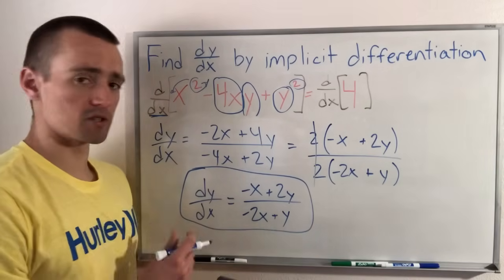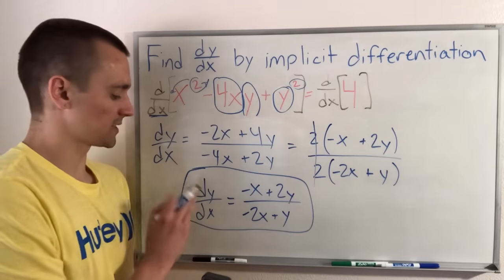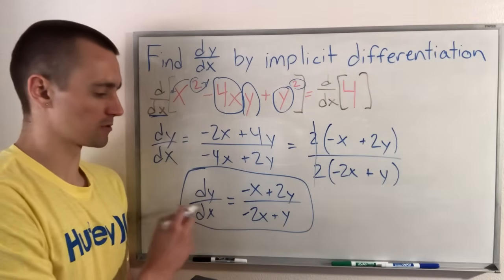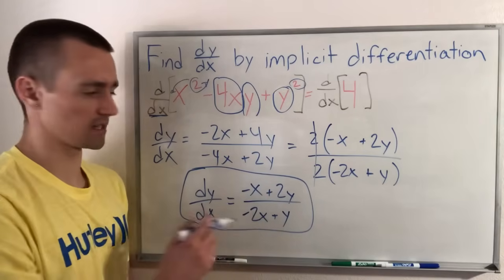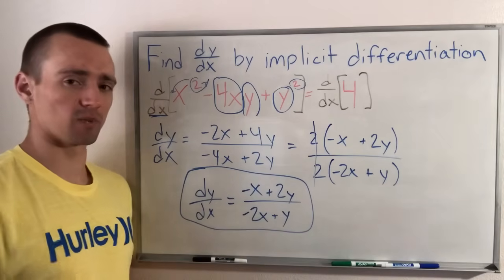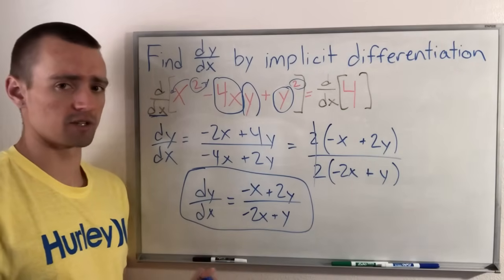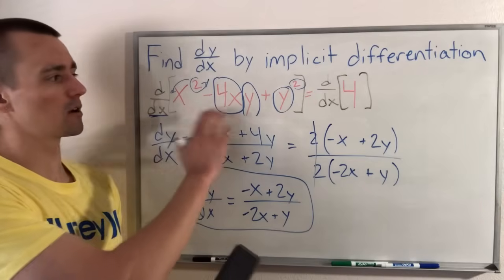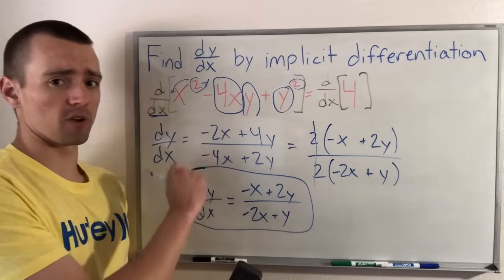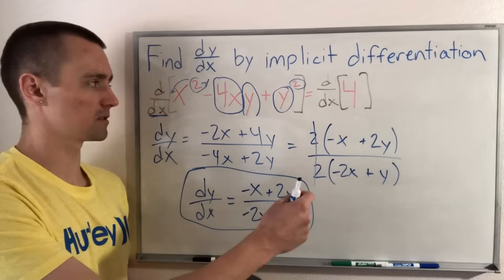So the interesting thing here, notice that we've essentially found the derivative of y with respect to x, but the equation for this has a bunch of x's and y's in it. We don't have an explicit formula for the derivative of y just in terms of x. And the reason for that is because what we started with, we didn't start with an explicit formula for y just in terms of x.